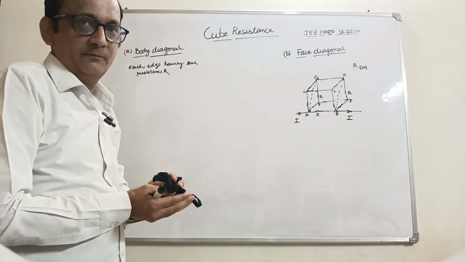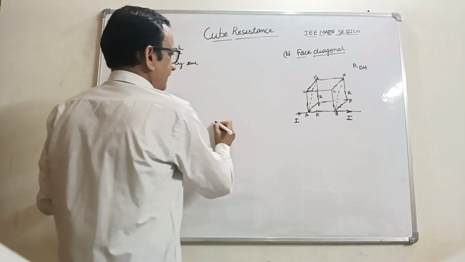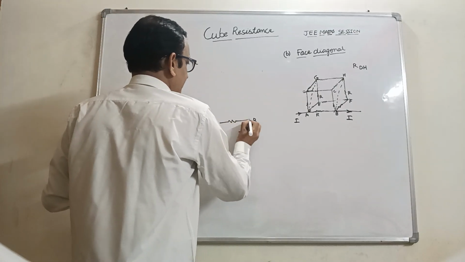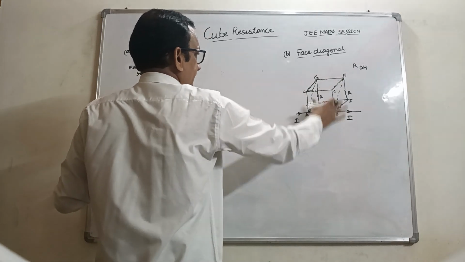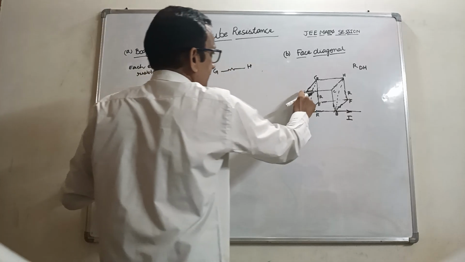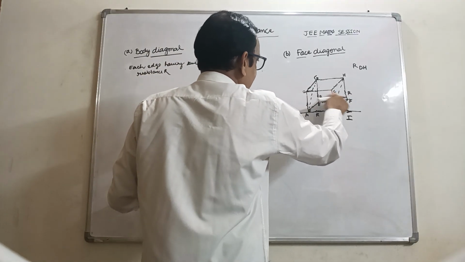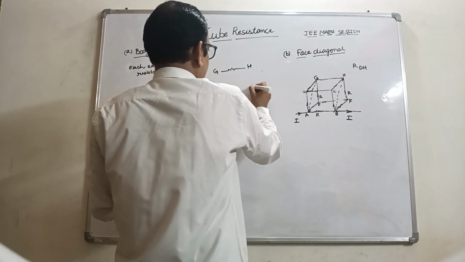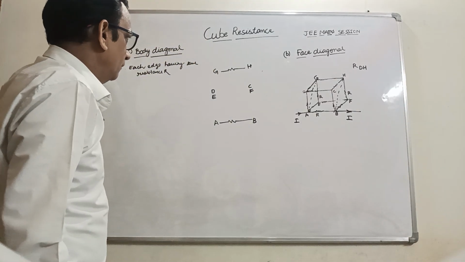We have to calculate the potential difference across A and B. This is AB, a resistor is here, and similarly this is the front side GH. During the folding, D lies at E, and C lies at F.